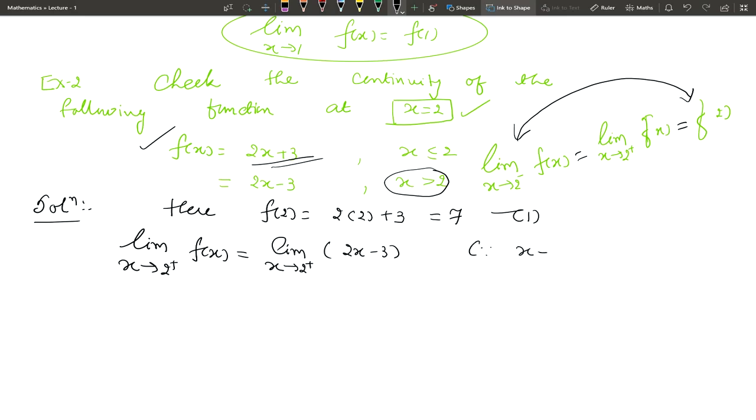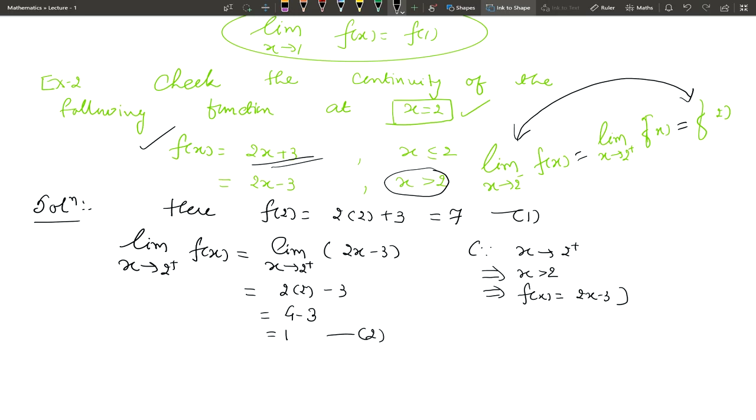The reason is x tends to 2 plus means x is greater than 2, and from the definition of the function, the value of the function is 2x minus 3. Now put x equal to 2. So 2 into 2 minus 3, so 4 minus 3 is 1.